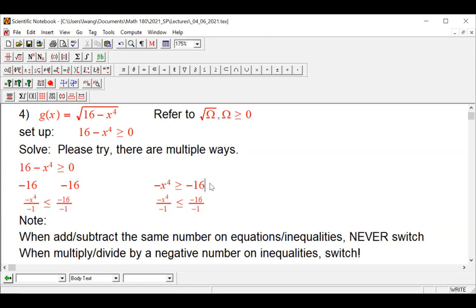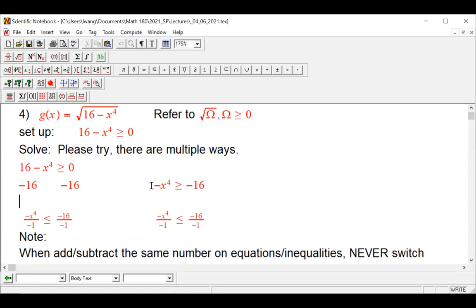Okay, so had you shown this step here, Portland? Had you shown this step here? Okay, had you switched here? Had I seen this, you would lose more points. Got it? Okay, very good.